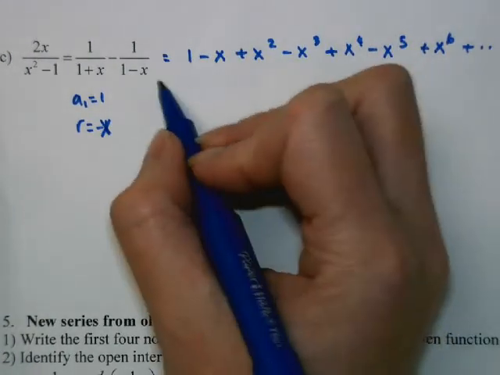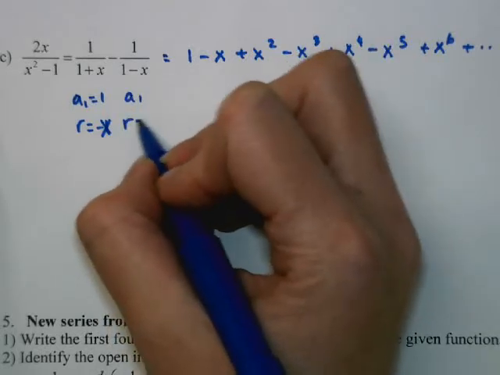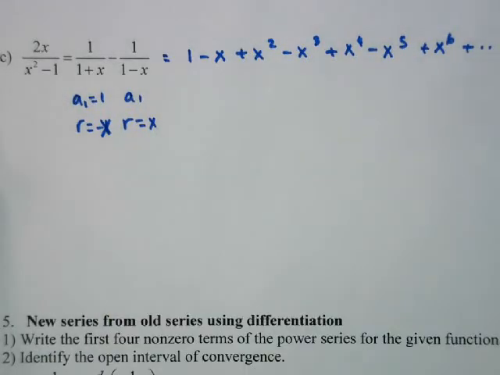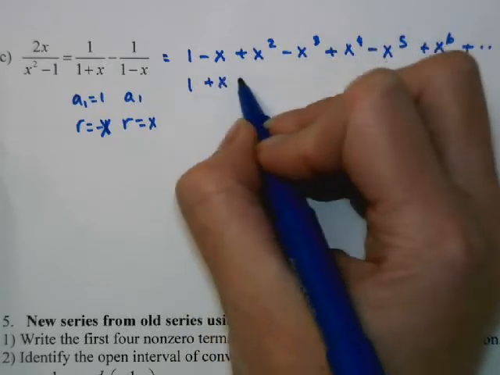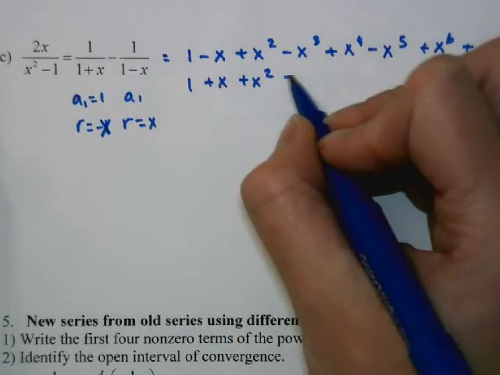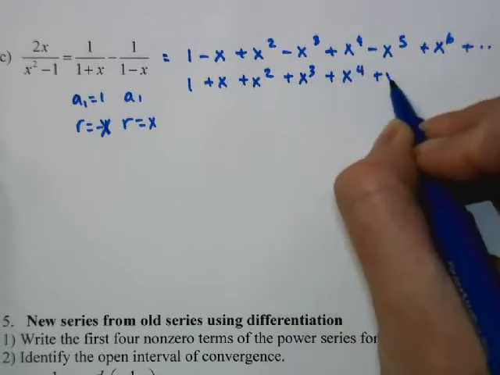Now I'm going to subtract this one. So this one's a1 is 1, its r is positive x. So we're going to have 1 plus x plus x squared plus x cubed, and so on.